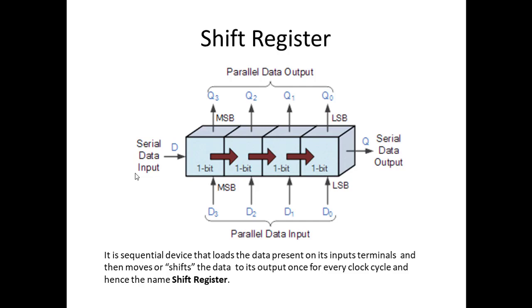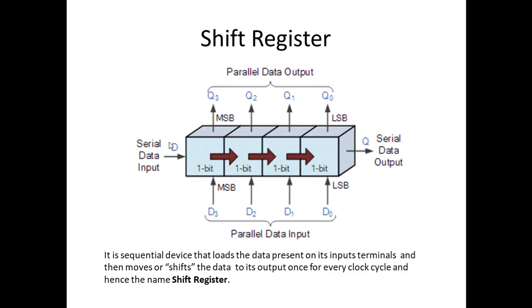If I am giving 1, 1, 1, 1, for the first clock pulse, the first least significant bit, namely 1, will be moved to the first flip-flop.